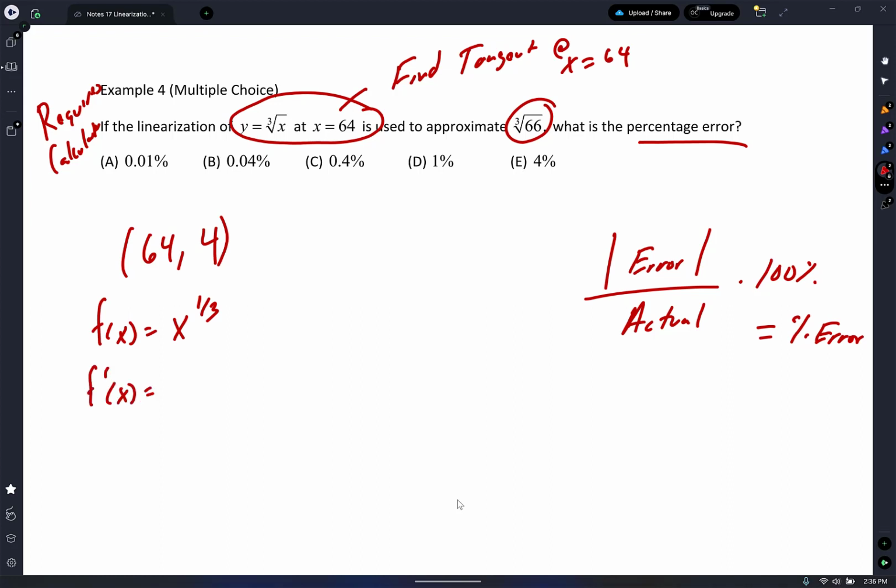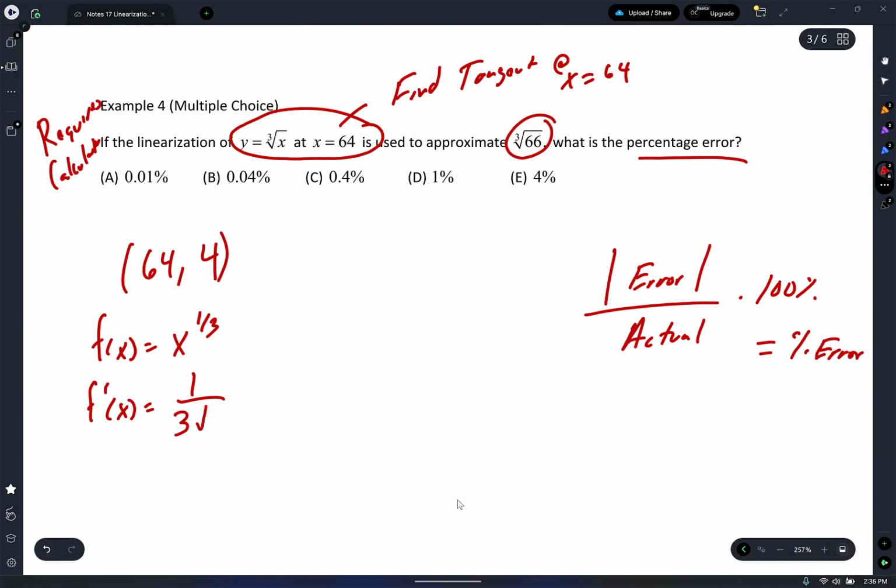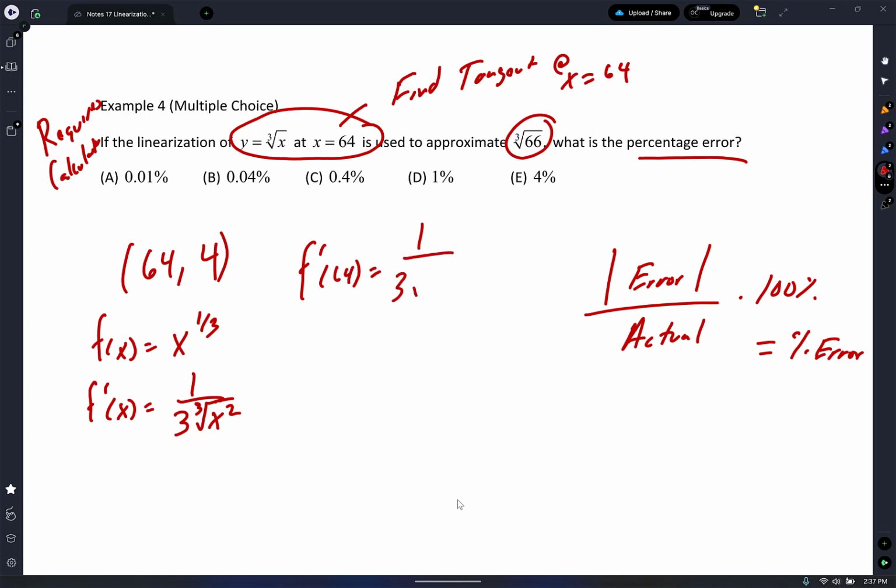f prime of x is equal to 1 over 3, and what did we get earlier? Cube root of x squared. So I'm going to write f prime of 64 equals 1 over 3 times the cube root of 64 times 64.